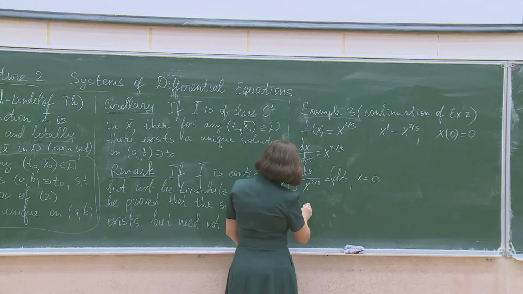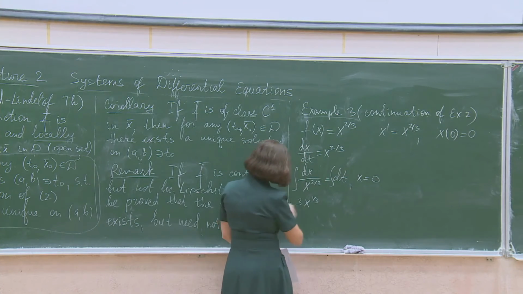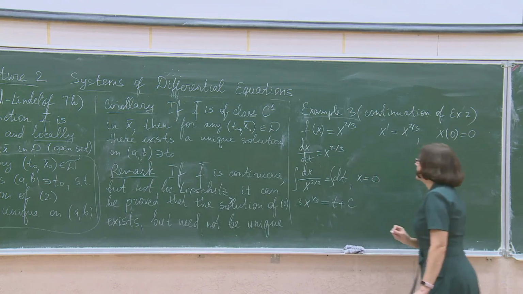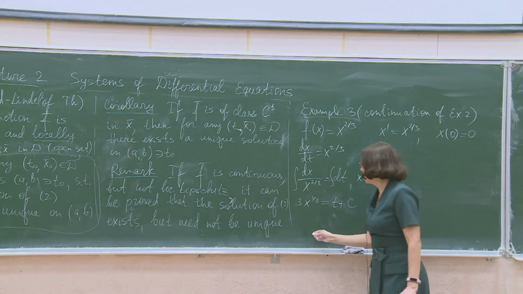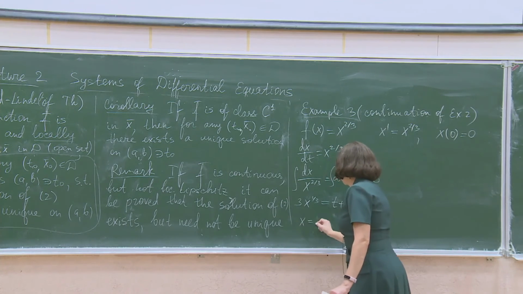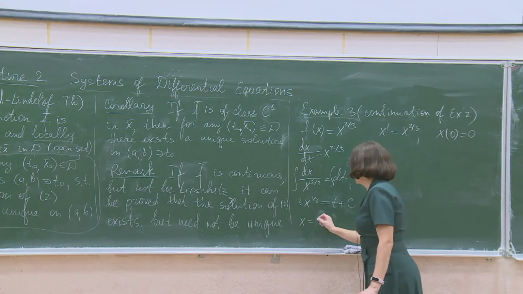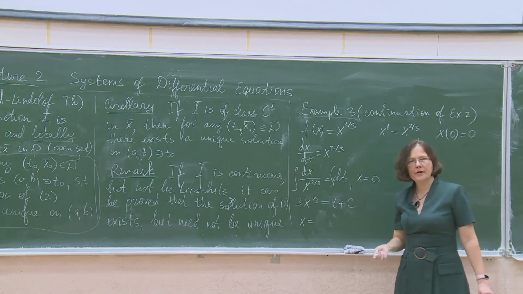We have x to the 1/3 equals t plus c. Then let's solve for x: divide by 3 and then raise to the 3rd power.